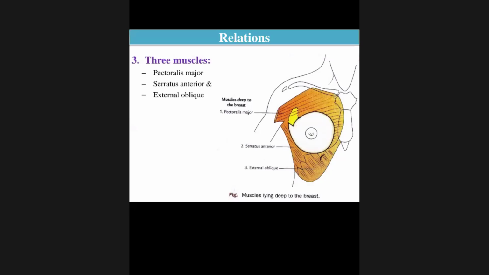Again, the deep relations of the mammary gland are the retromammary space, the deep fascia that is the pectoral fascia, and then deep to it the muscles. Pectoralis major is anterior, inferiorly the external oblique, a muscle of the anterior abdominal wall, and laterally the serratus anterior. Like this, there is the relation.